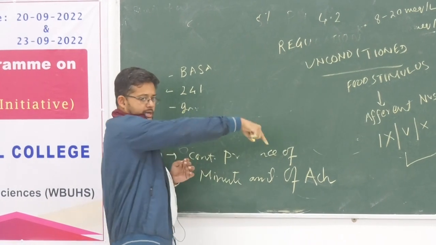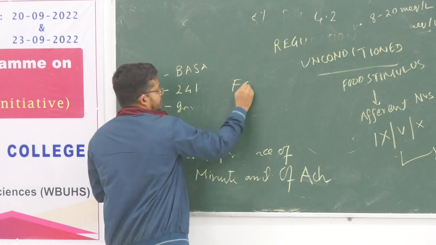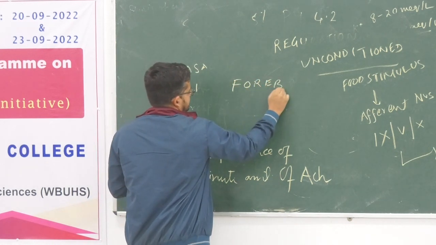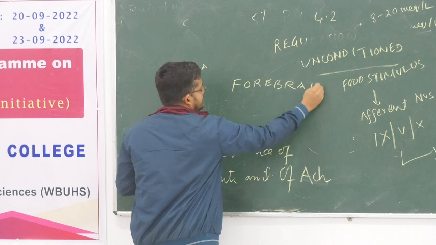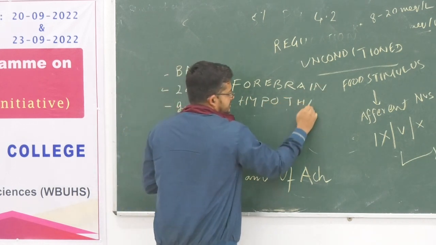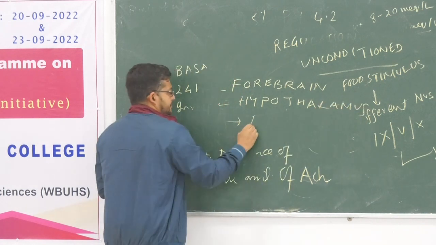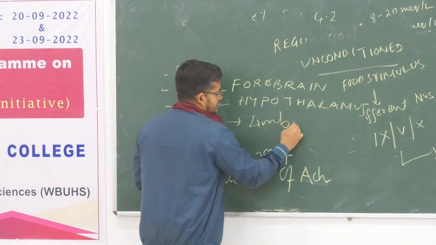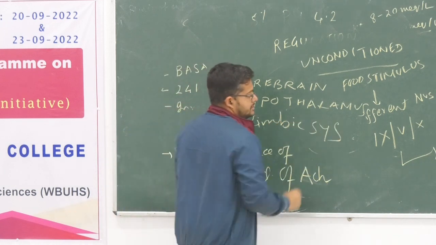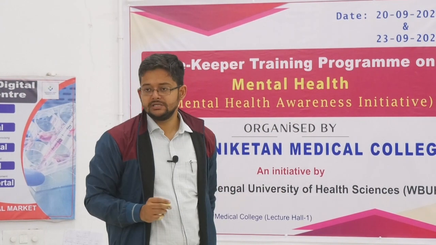Along with this pathway, there is also forebrain, hypothalamus, and limbic system. These are the areas which are connected to the conditioned reflex.